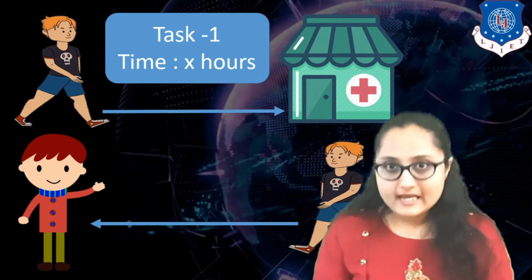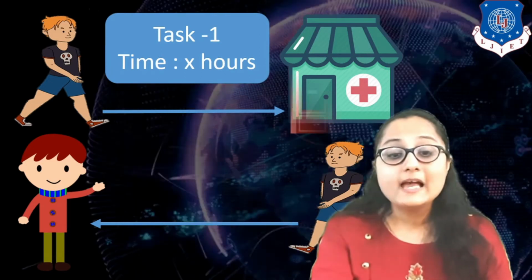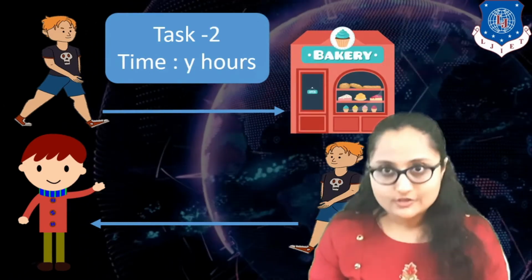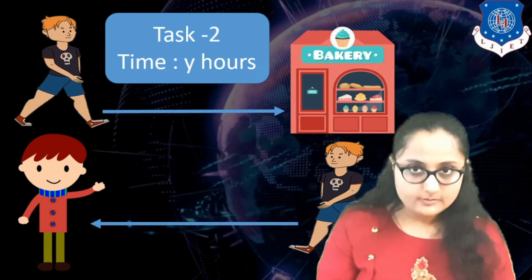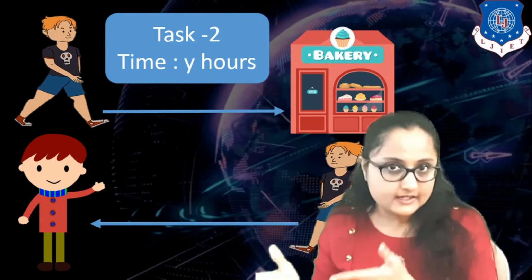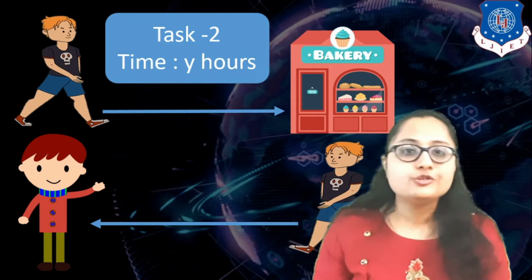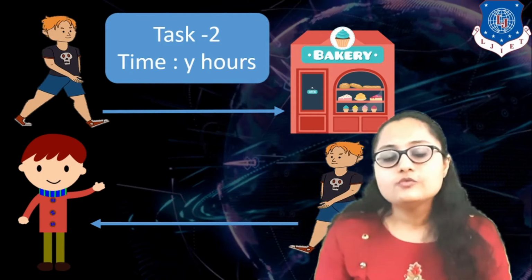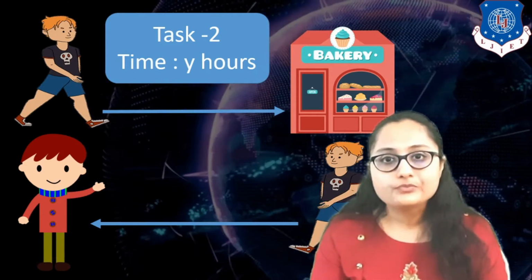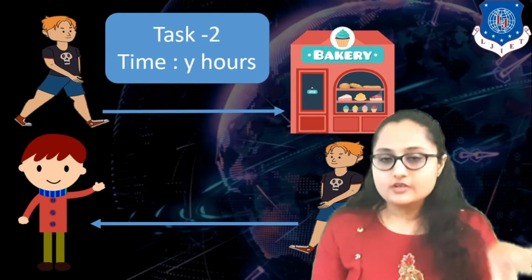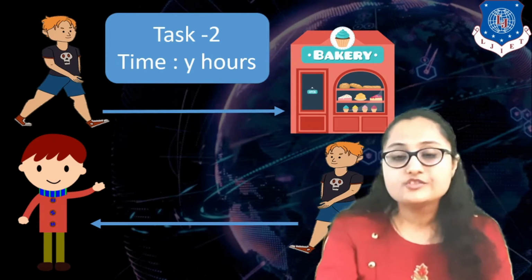So as soon as you are getting the medicine, what will happen? Yes, your friend will complete task 2. So after fetching you the medicine, your friend will go to bakery, that is Danjidams, take the cake and give it back to you. So for completing task 2, it is taking Y hours. So if you recall, X hours for task 1, Y hours for task 2.